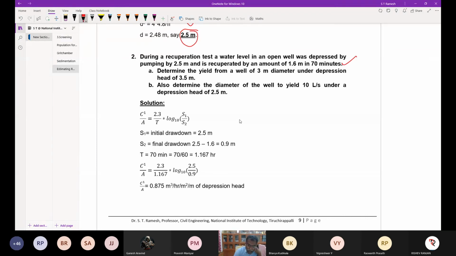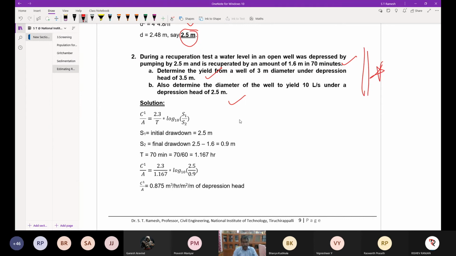Using the recuperating test, you have to determine the yield from a well of 3 meter diameter under a depression head of 3.5 meter, and also the diameter of the well to yield 10 liters per second under a depression head of 2.5 meter. Read the problem carefully and you can also play with that formula.